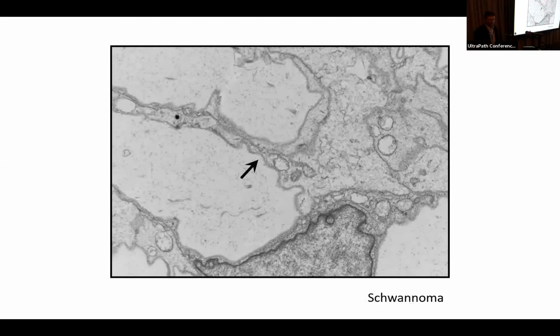Had it been a schwannoma, though, we would have found maybe just some very small, punctate junctions, not true desmosomes, and there would have been an external lamina surrounding the tumor cells here. That is a feature of a schwannoma and not a meningioma.